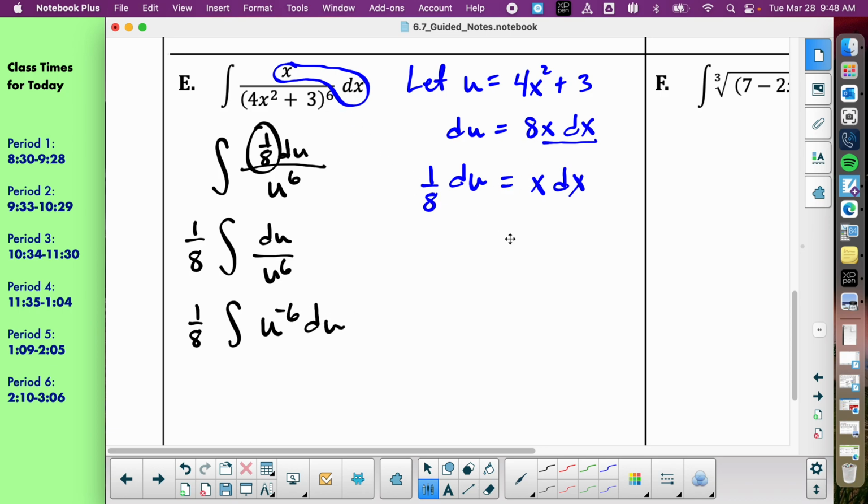Now, if this method I showed you doesn't make sense, because some people just see things one way, then just write in the 8 and the 1/8 out front, and you still get the same thing. It's the exact same answer when you're done. So you have two different methods you can pick from.